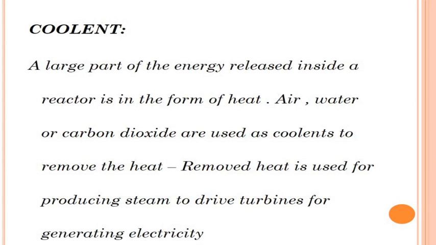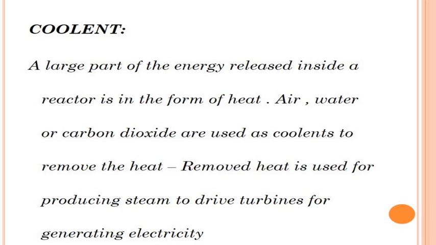Third one, coolant. We know that in each fission process large amount of energy is released, and the energy released is mainly in the form of heat. So as the name denotes, coolants will help to remove the heat, and this is done with the help of air, water or carbon dioxide.